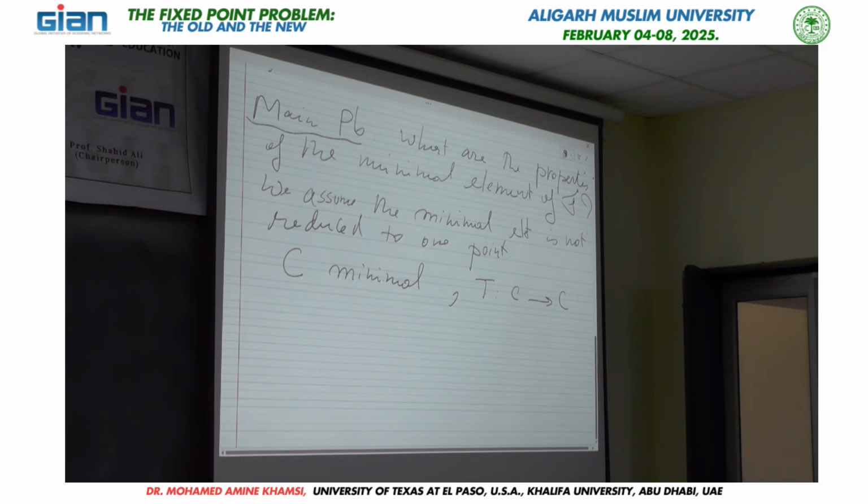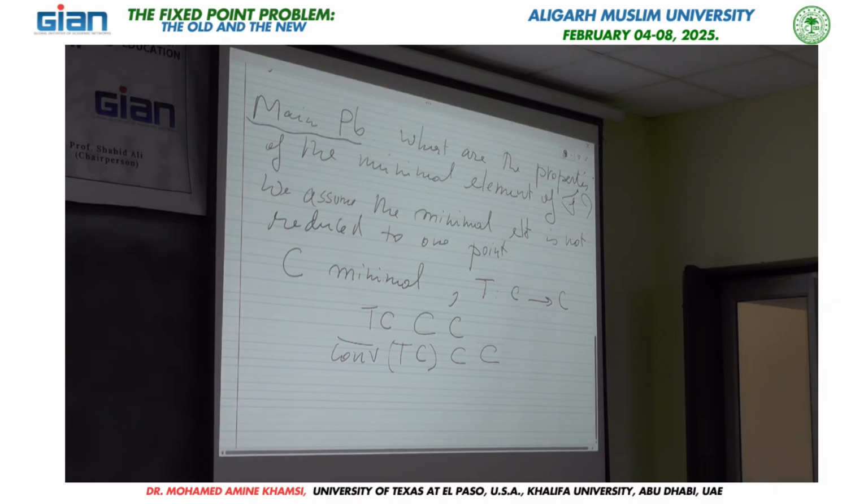The first property was known both to Browder and to Kirk. How? And I showed it to you. So we have T of C included in C. Conv of T of C is included in C, because C is convex and closed.